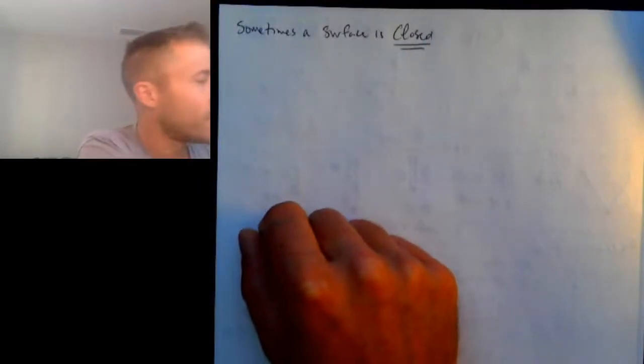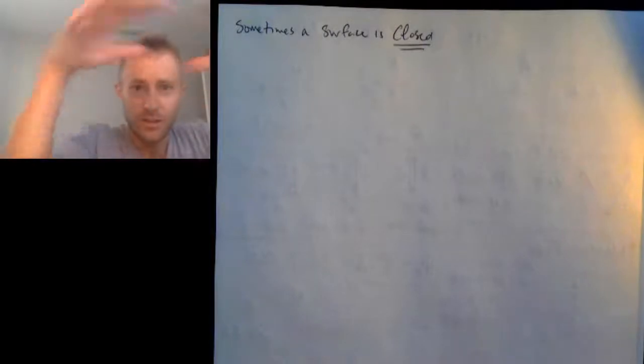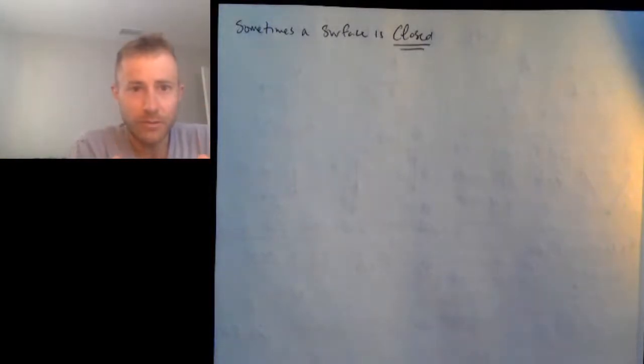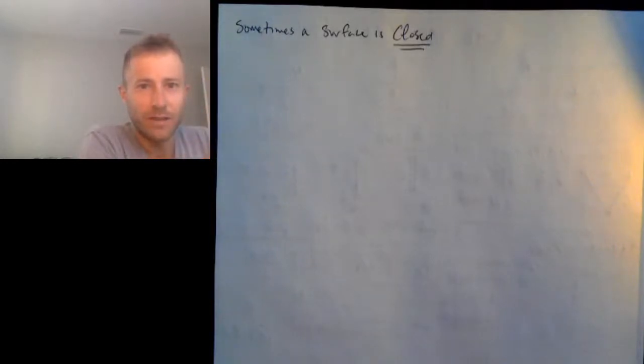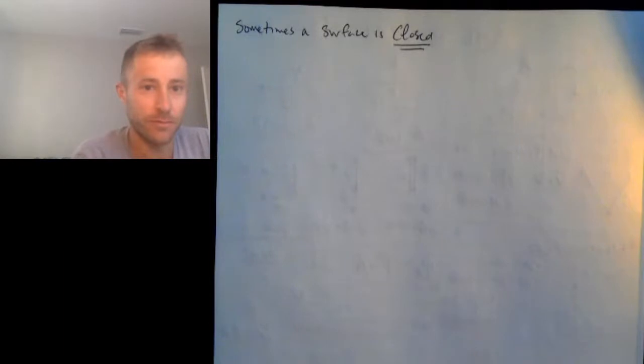A closed surface means that it's enclosing a volume of space, so that the only way to go from inside the surface to outside is if you pass through the surface itself. Okay? So these are not closed surfaces.